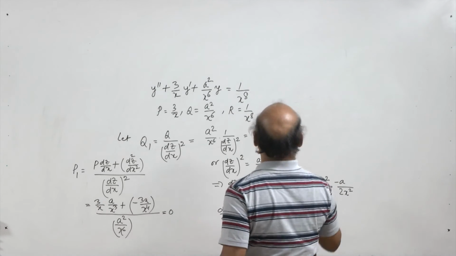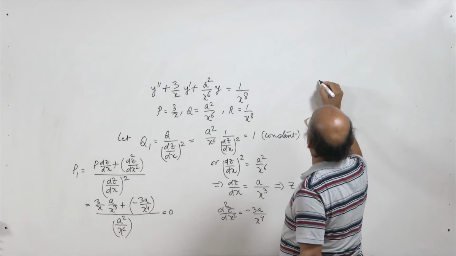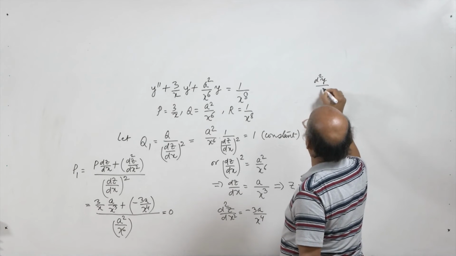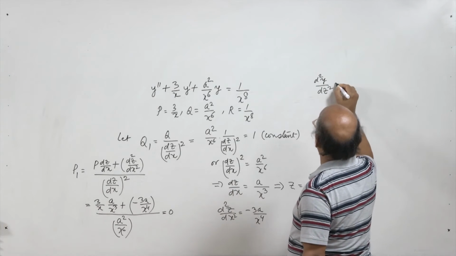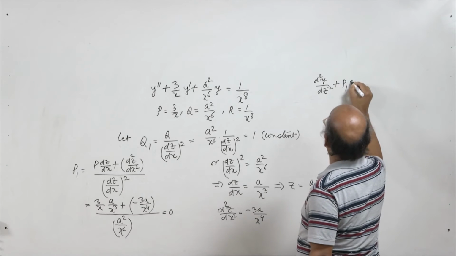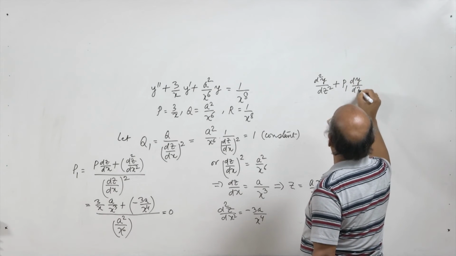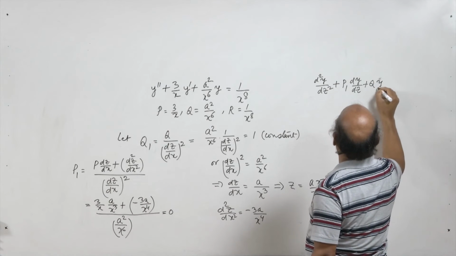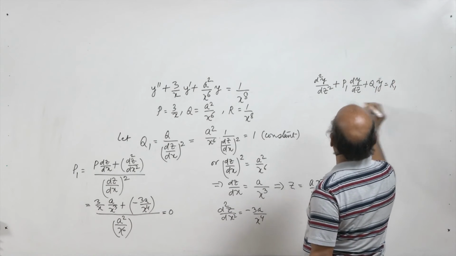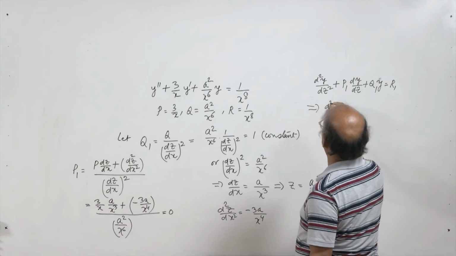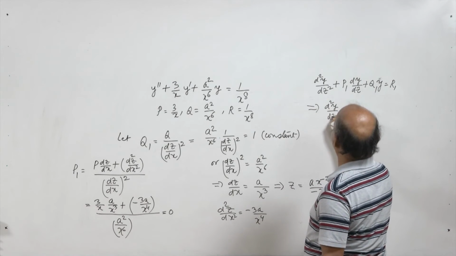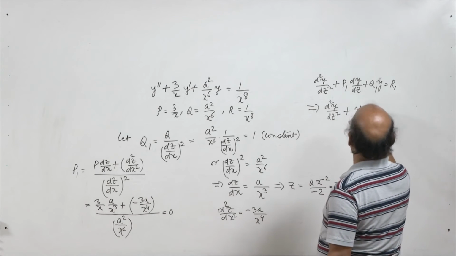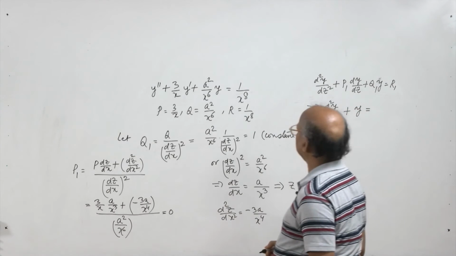Okay, so we have the equation in the independent variable z as d square y over dz square plus p1 dy/dz plus q1 into y equal to r1. This becomes d square y over dz square plus q1, which we have taken as 1, times y, and r1 is r over (dz/dx) whole square.